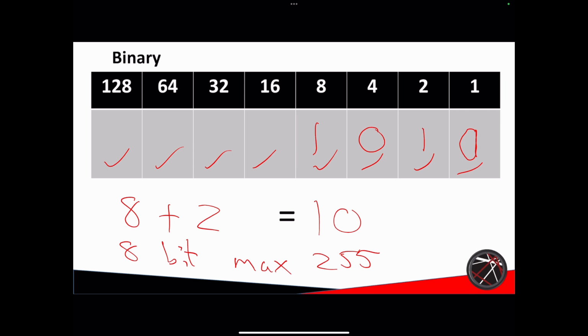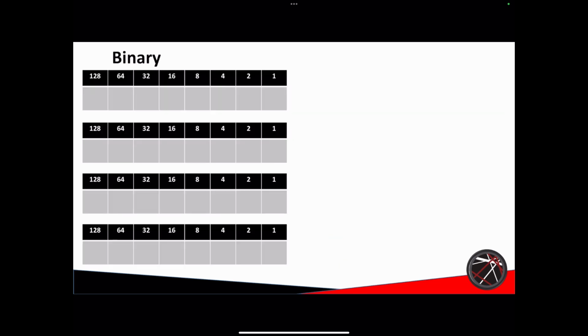Okay, let's move forward anyway, and let's have a look further. So we've got a few scenarios here. Really, it's one of these things where we want to learn how to actually represent this number. One of the things that I always think about with this is whether the number that is within the box is bigger or smaller than the number we need. So, for example, if I want to represent, say, 65, I'll ask myself, is 128 bigger or smaller than 65?